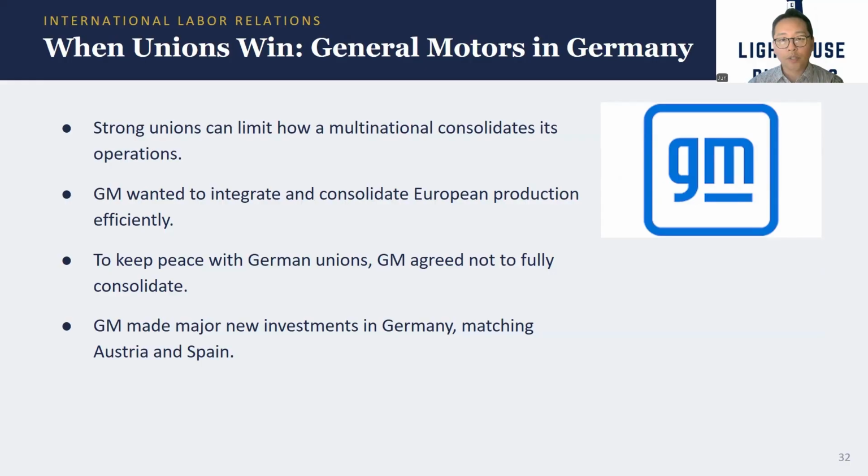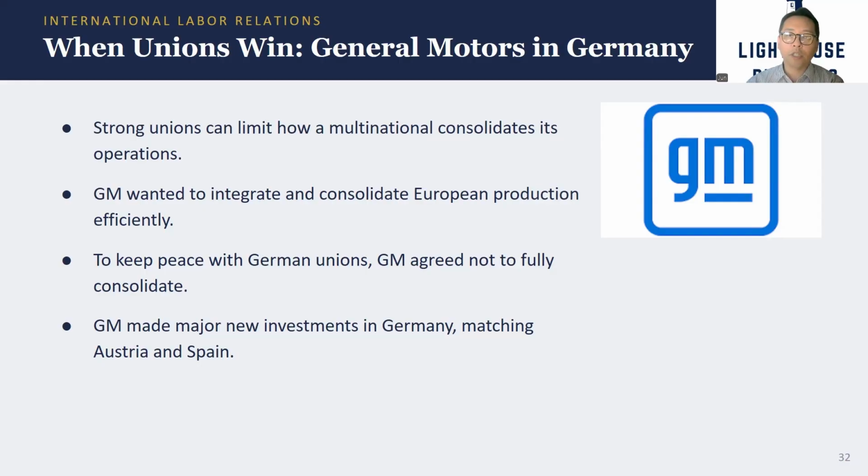Unions do not always lose these battles. A well-documented example involves General Motors and its operations in Germany. GM wants to integrate and consolidate its European manufacturing operations in the most efficient possible way, which usually means concentrating production in fewer, larger plants.